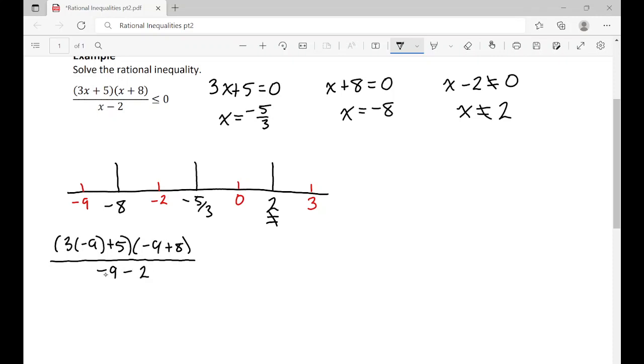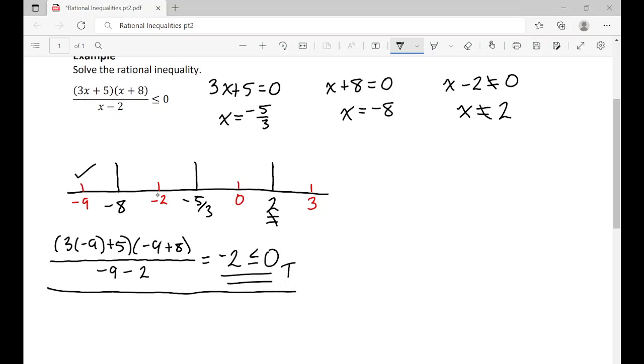When I do all of this, I'm going to end up getting negative 2. Is it less than or equal to 0? The answer is yes. It's true. So everything to this side here is good.